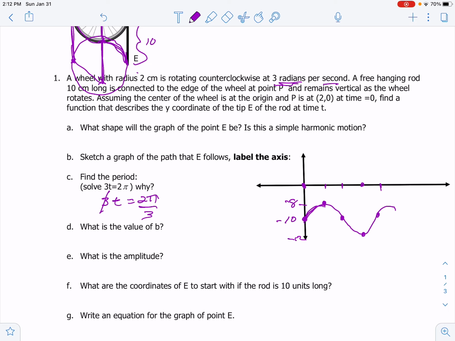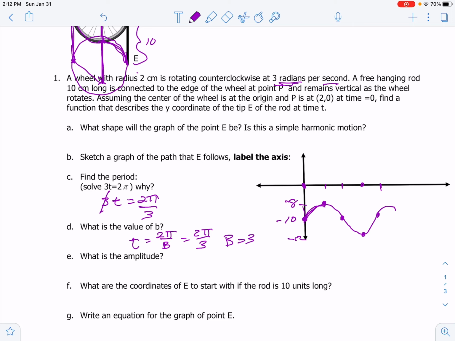To find the value of B, remember that your period is equal to 2 pi divided by B. And T was that, so that's equal to 2 pi over 3. So B is equal to 3.